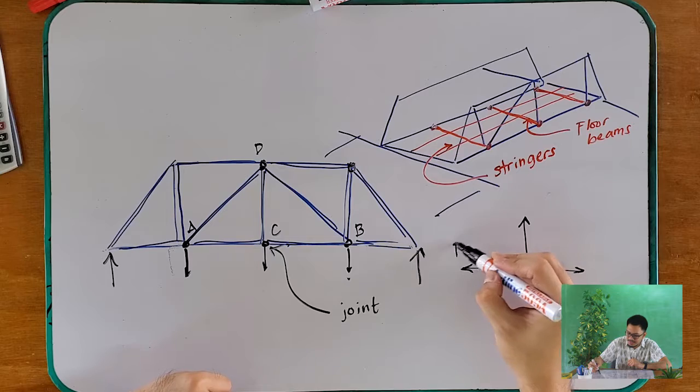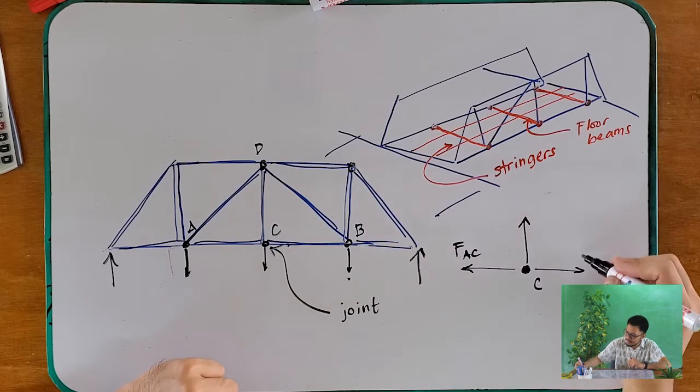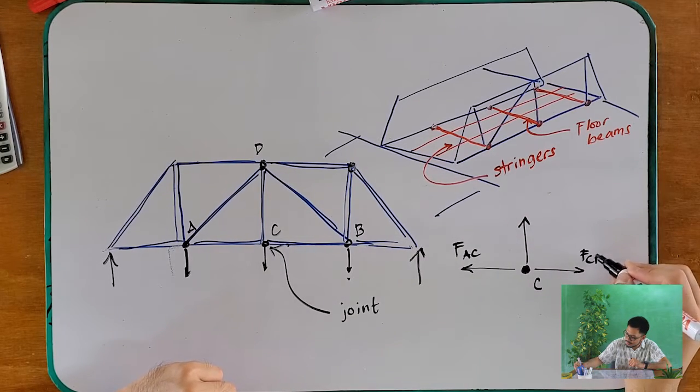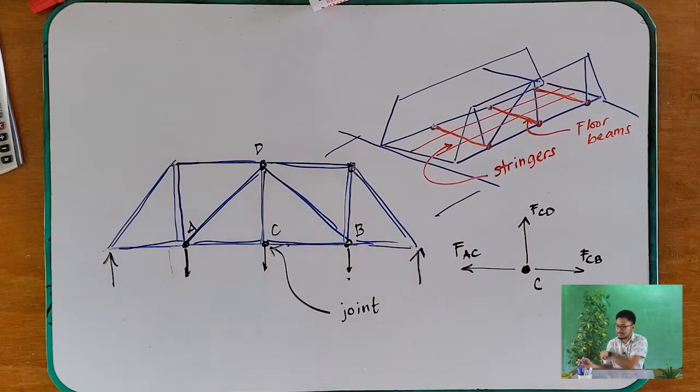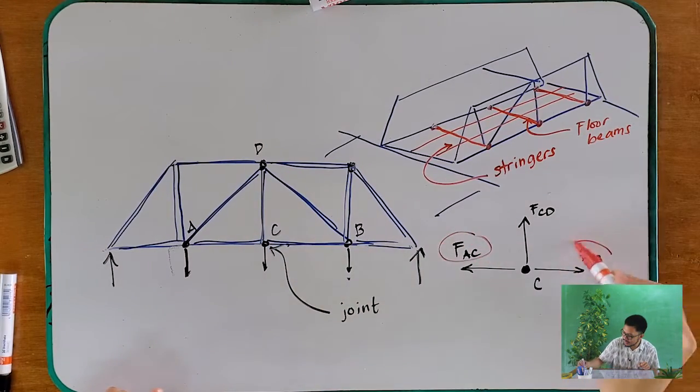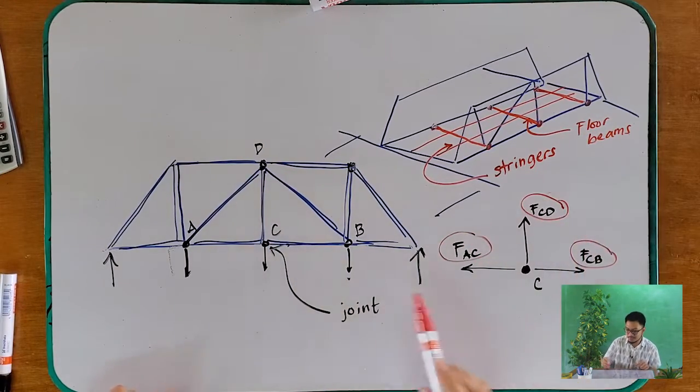So, kani siya nga force, this is your FAC. Kani nga force is your FCB. And kani nga force is FCD. Okay? And these three forces you have here, these are the forces of your members.